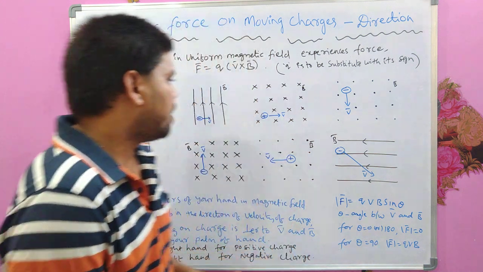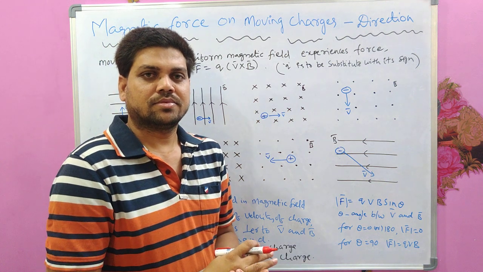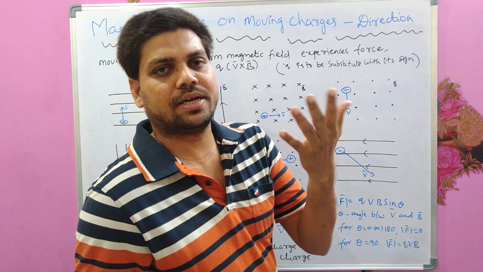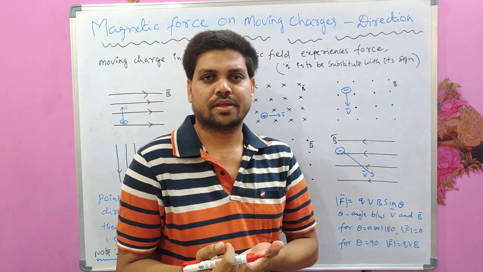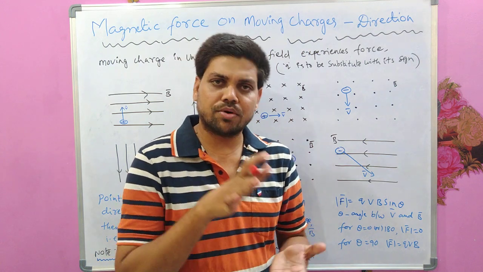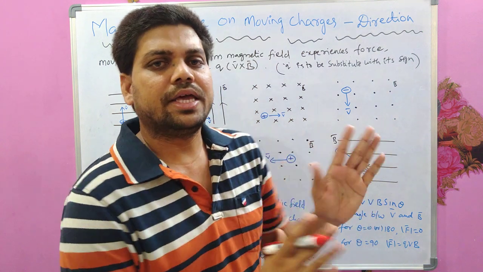So here I have got a bunch of examples with different magnetic field directions and different velocity directions of the charged particle. Now we will find out the force acting on the moving charged particle in each case.